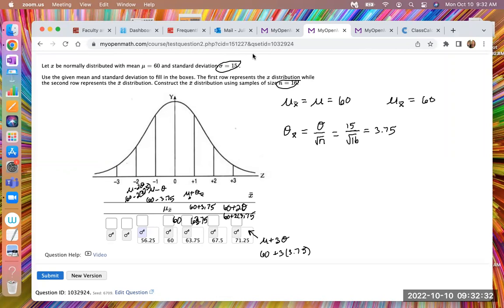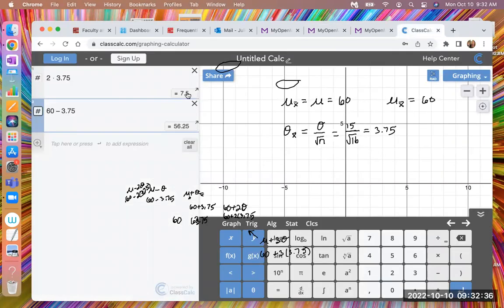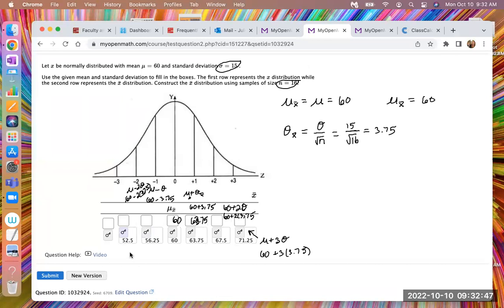I calculate that over here, and it says 52.5. So this is 52.5.